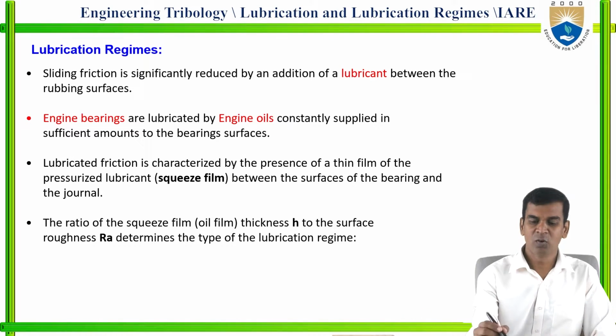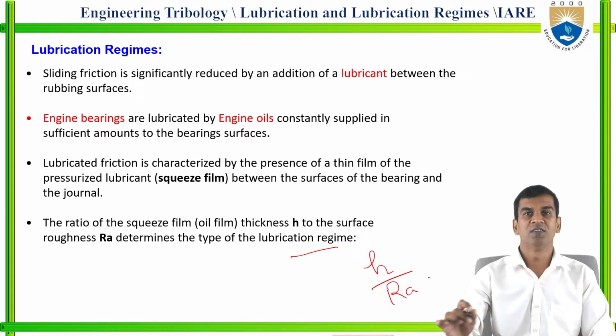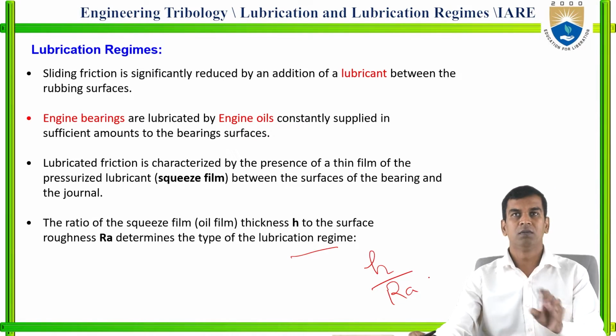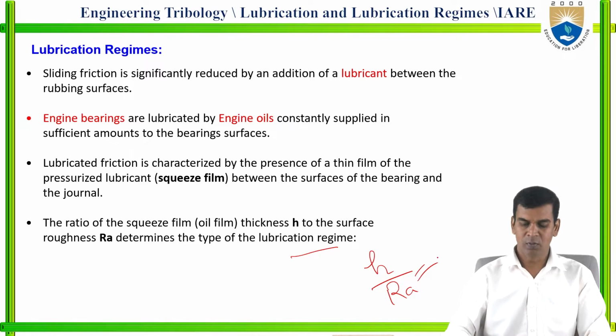You can see the lubrication regime is determined by the ratio of film thickness h to surface roughness. Based upon this ratio, we will see what different types of regimes are available.